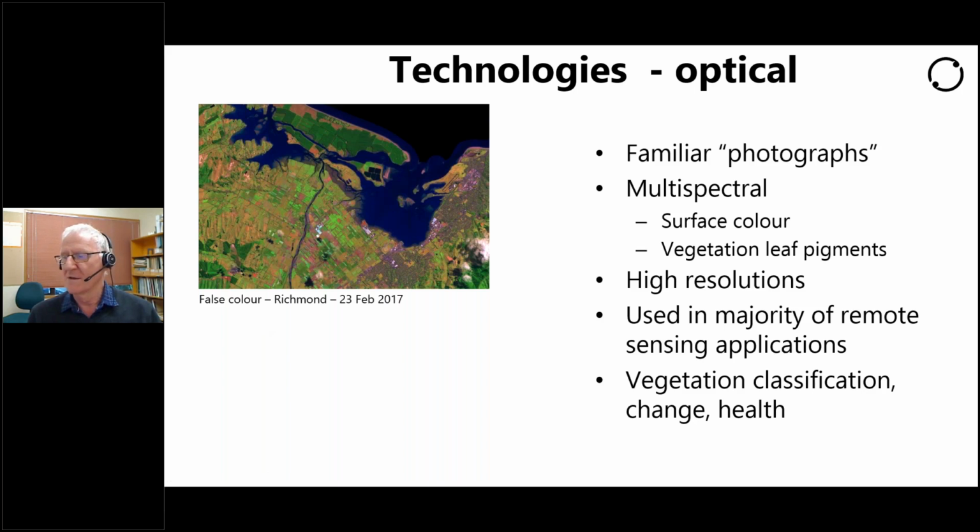Optical imagery gives us high resolutions, and it's used in probably the large majority of remote sensing applications. And at Manaaki Whenua, we're very focused on vegetation classification, ground cover change, and vegetation health, things that we often use optical imagery for.